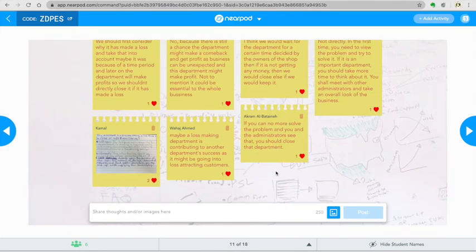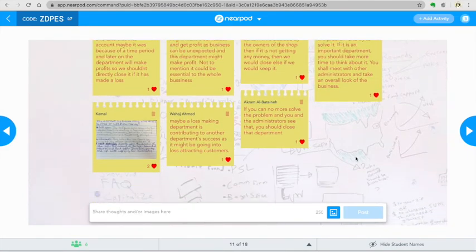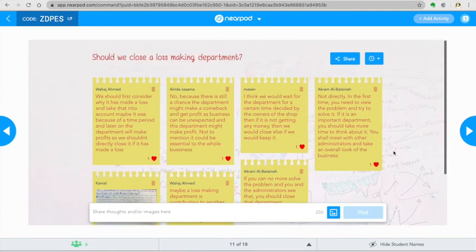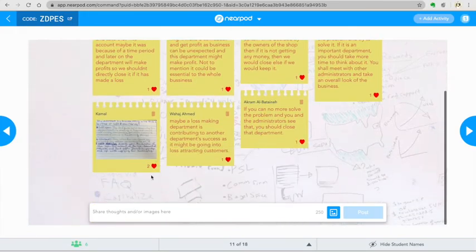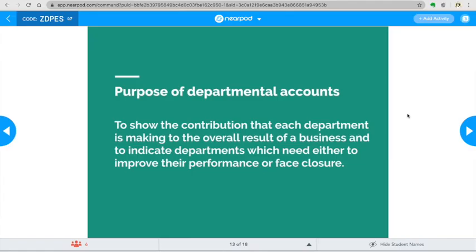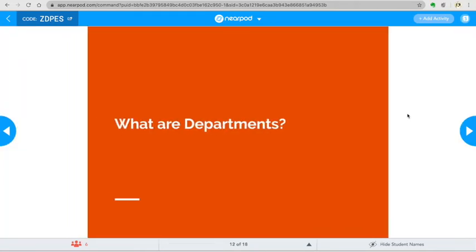When you're talking about departments, you can divide your departments inside your business based on the functions of a business.